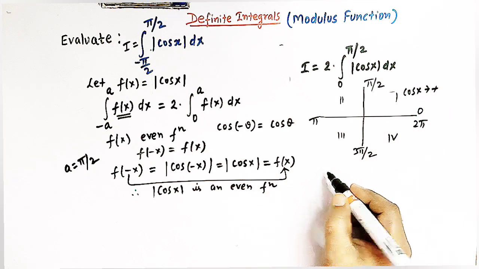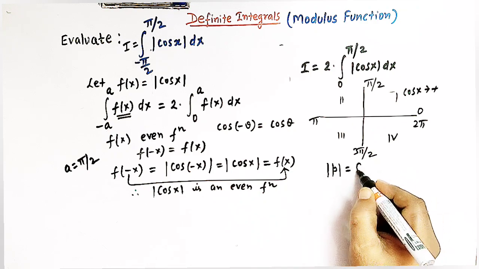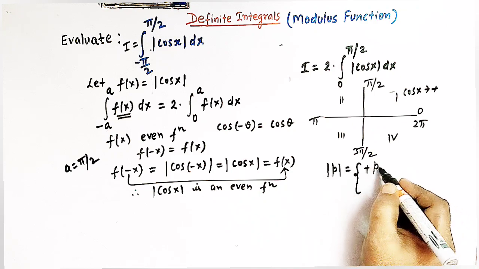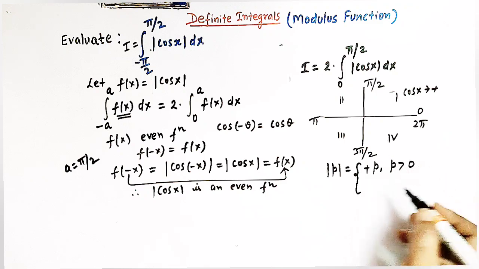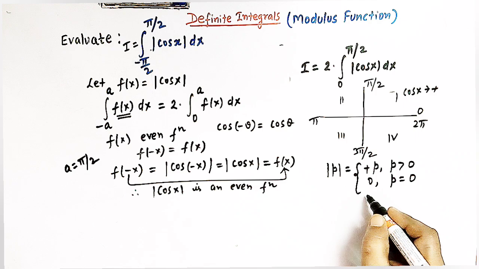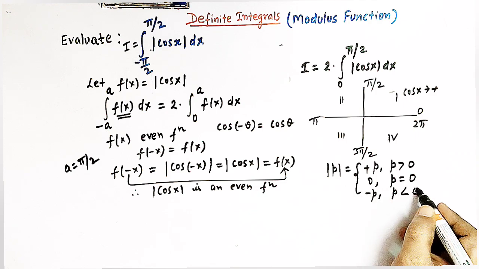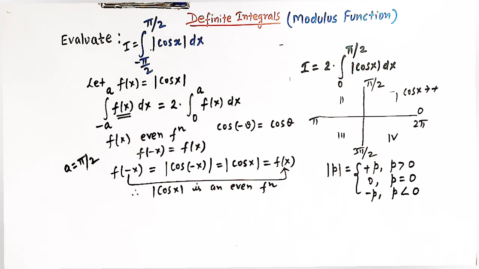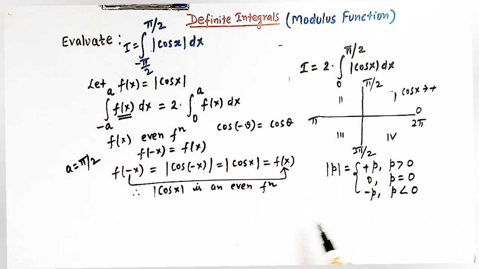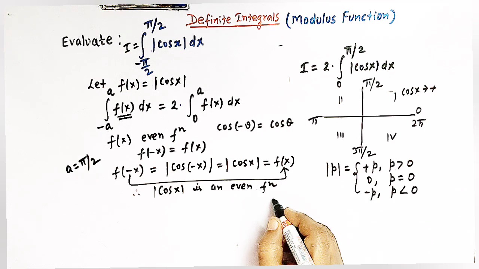Now let us see the definition of mod function. So mod of p is defined as positive p whenever p is greater than 0, mod of p is 0 whenever p is equal to 0, and mod of p is negative p when p is less than 0. So now let us apply the definition of mod function to mod of cos x, right?